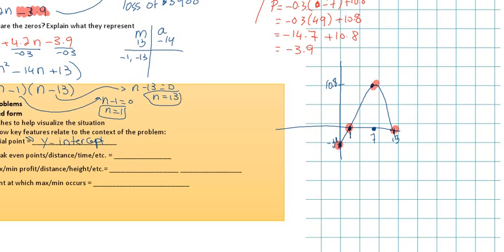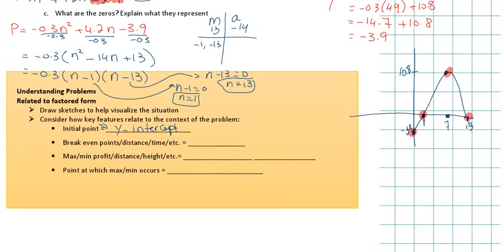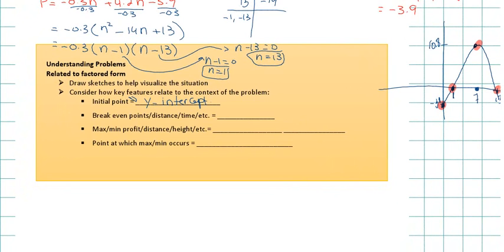If it's asking you for your maximum or minimum profit, distance, or height, it's asking you for the optimal value, part of your vertex.